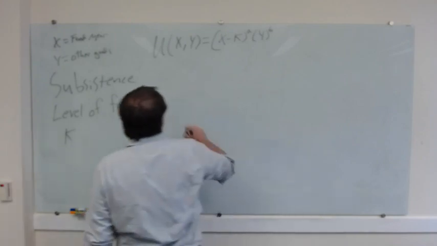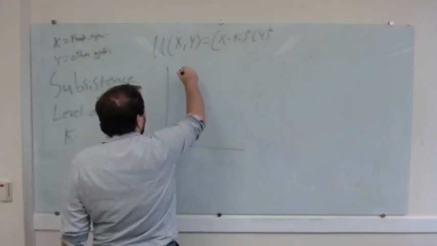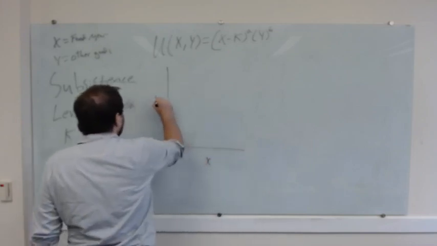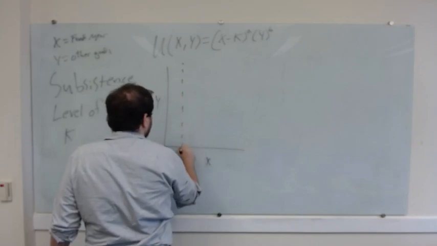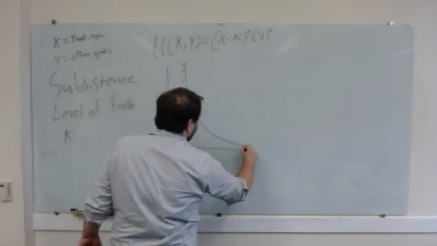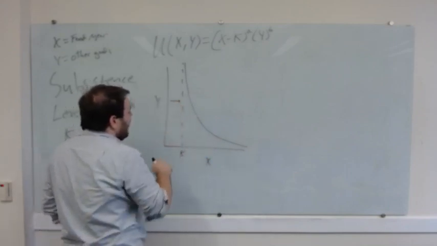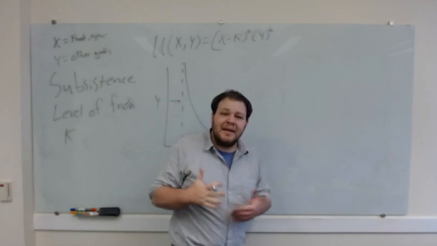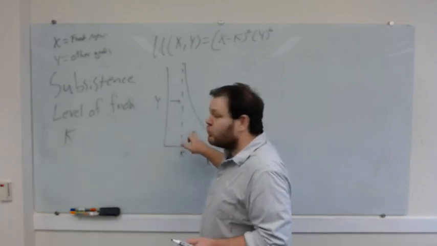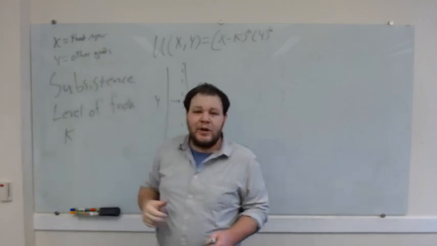So when we draw our indifference curves, instead of having them approach a limit at 0, they'll approach that limit at k. Right? So we'll have an indifference curve that looks like this. It's basically just shifted out by k to represent the fact that you start being willing to give up really anything else to get a little bit more food as you approach the limit at which a human can't survive.